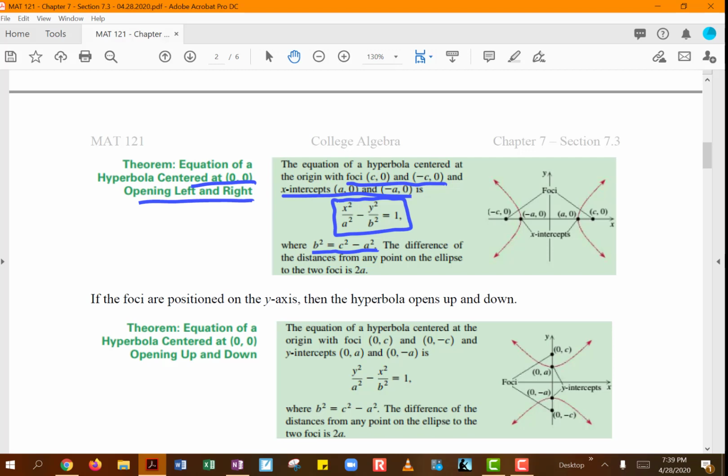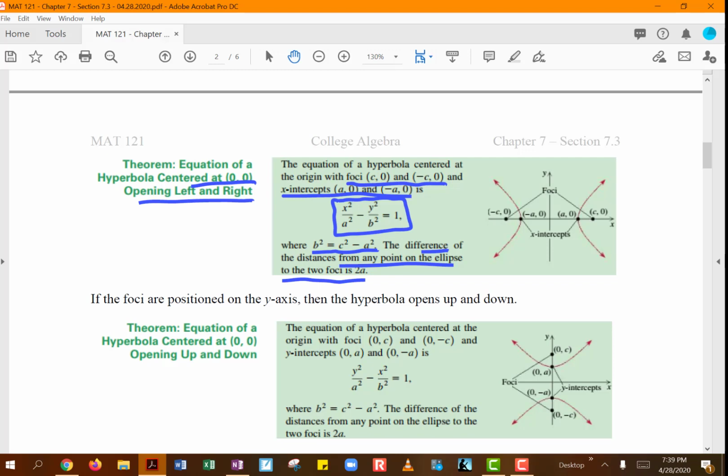Okay? And they're basically telling us the difference of the distances from any point on the ellipse to the two foci is 2a. Actually, I think that should say hyperbola instead of ellipse.